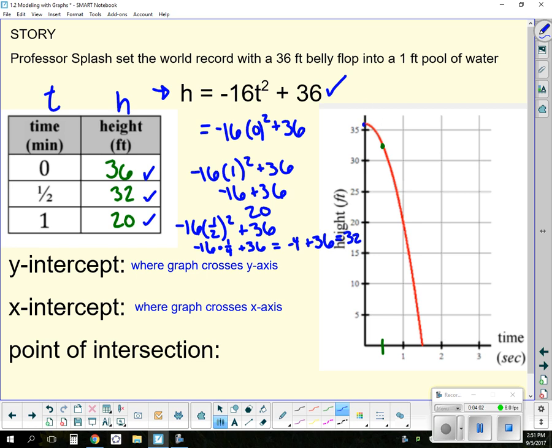It crosses it at that point 36. So we could actually say our y-intercept is the point (0, 36). And because on a y-intercept, the x value always has to be 0, we can also just say that the y-intercept is 36. You don't have to give the full coordinates.